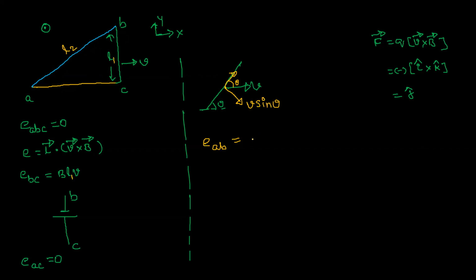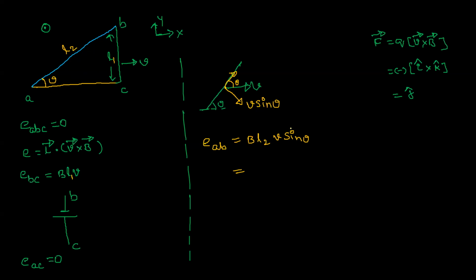For EAB, that is equal to B L2 in the place of V sin theta. And you can see from this triangle, if this is theta, sin theta will be opposite by hypotenuse, that is L1 by L2, right?